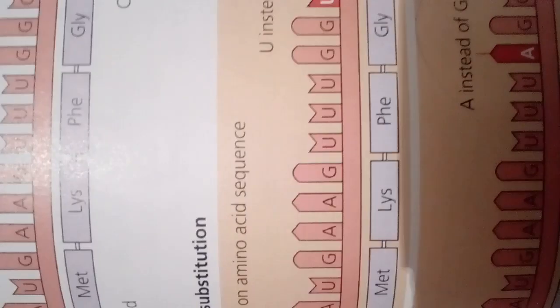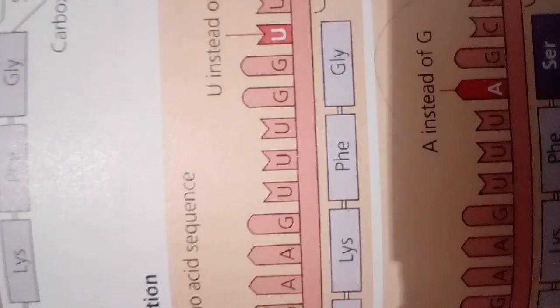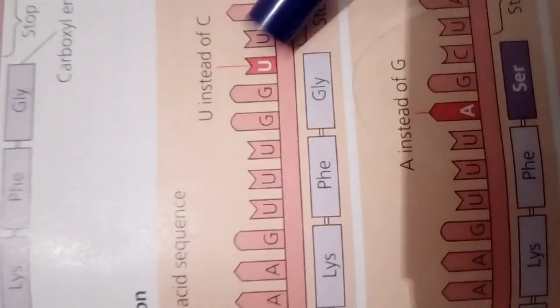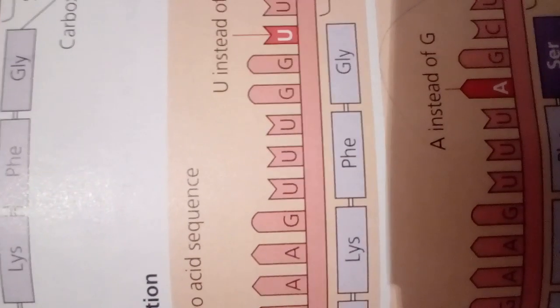For example, notice that 3'-CCG-5' on a template strand mutated to 3'-CCA-5', the mRNA codon that used to be GGC would become GGU instead. And a glycine would still be inserted at the proper location in the protein. Notice that.